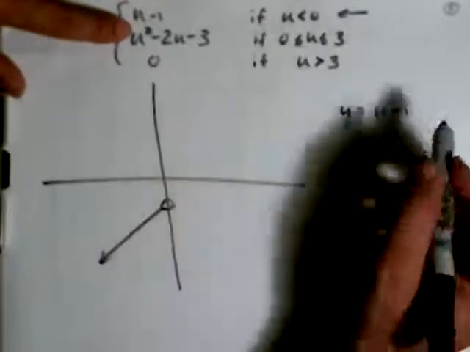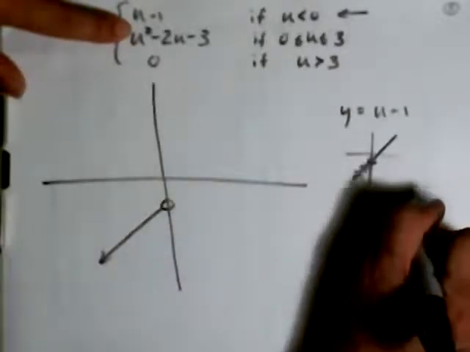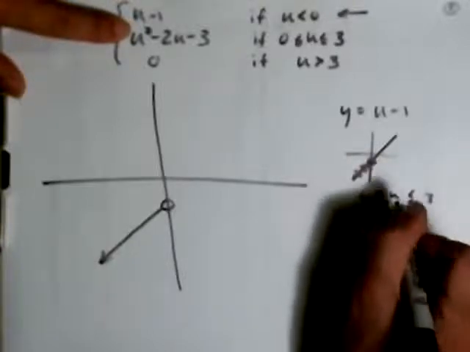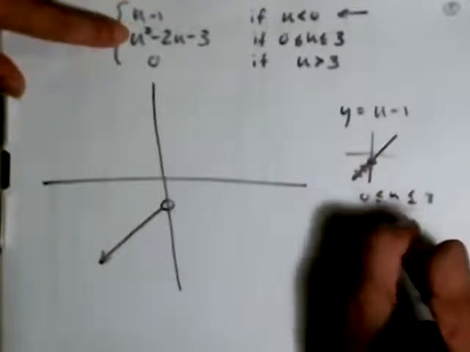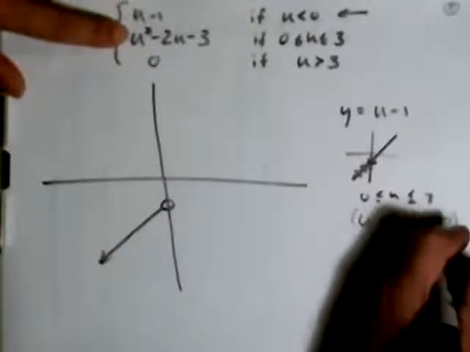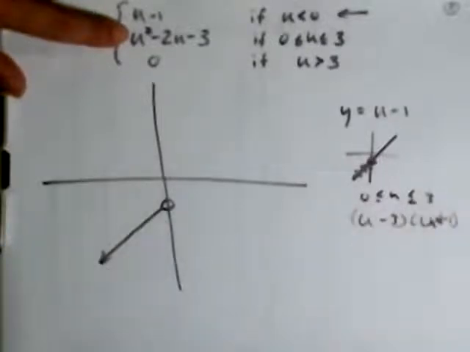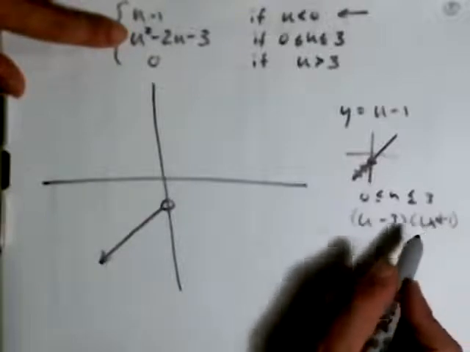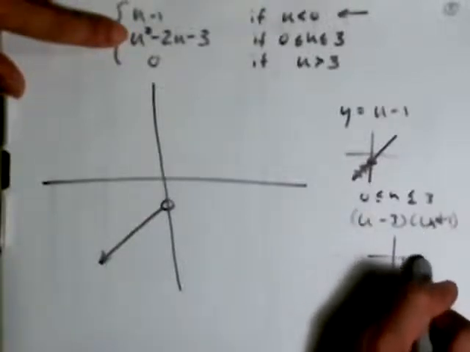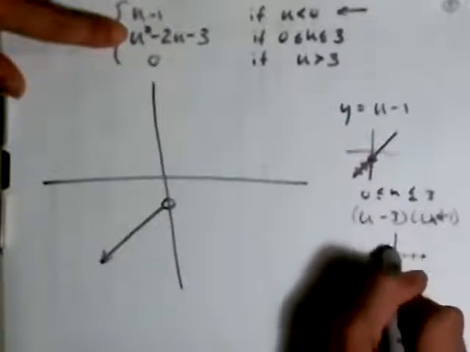Otherwise, when u is between 0 and 3, it's u squared minus 2u minus 3. I'm going to factor that: u minus 3 times u plus 1. When I factor this, it's going to look something like this. It starts at 3 and then ends at -1.